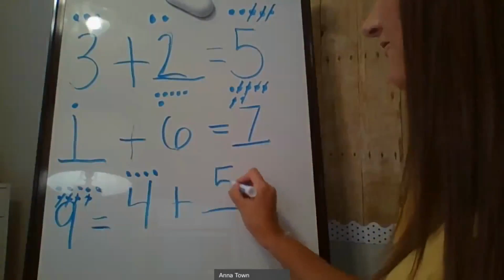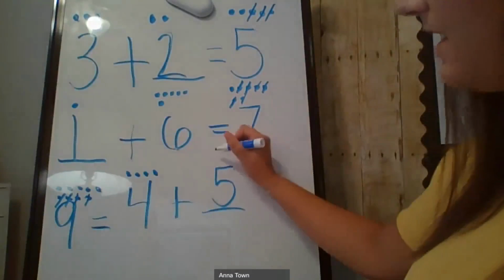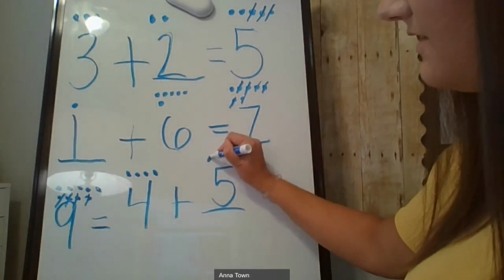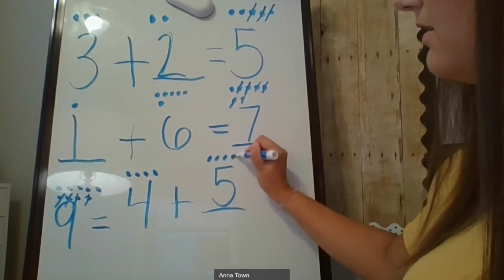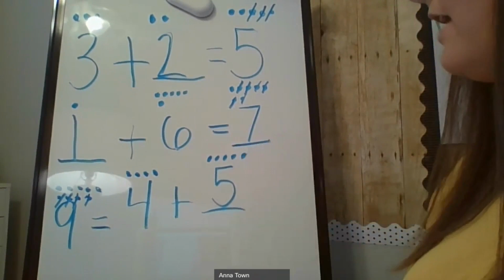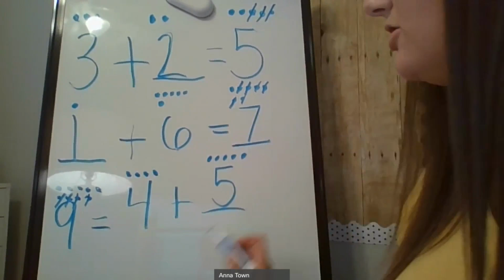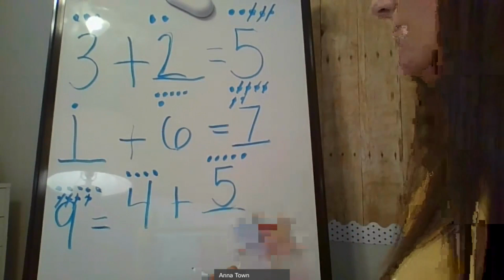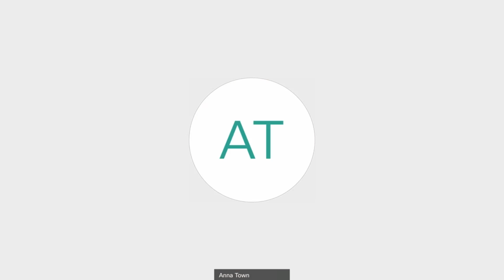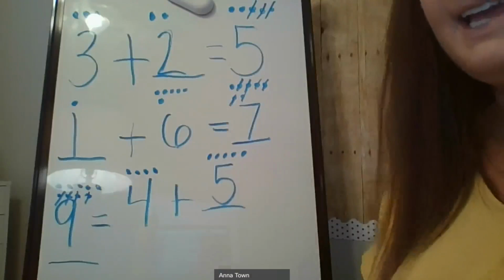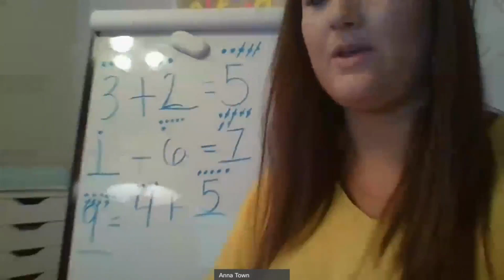So we're going to write a 5 in our missing addend spot and then draw 5 counters. 1, 2, 3, 4, 5. How we are going to check to make sure that we are right, add the 4 counters plus the 5 counters and make sure we get 9 as our sum or total. 1, 2, 3, 4, 5, 6, 7, 8, 9, and we do, so we know.